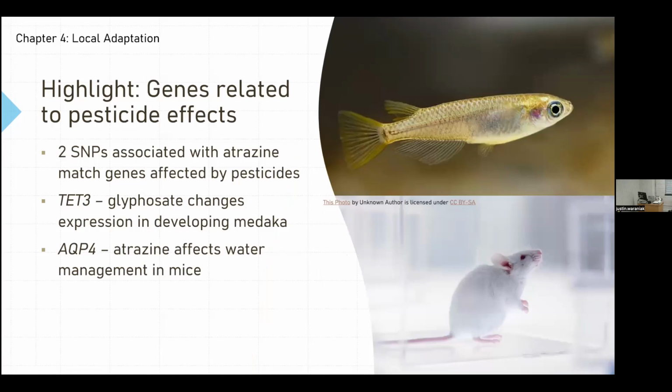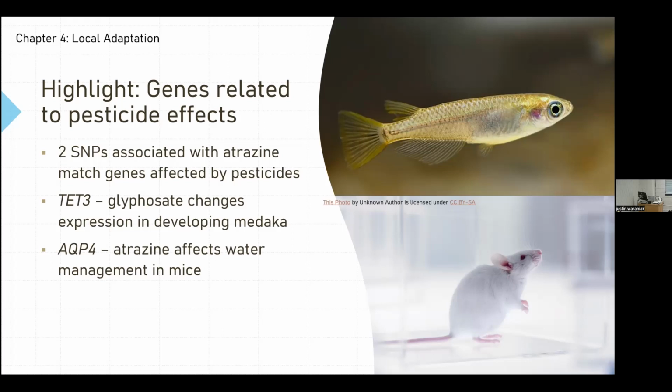And about those starting points, I do want to highlight just 2 genes that were singled out in relation to pesticides that also have some effects of pesticides shown in other animals. So we found this TET3 gene, which is related to epigenetic changes in Japanese medaka.